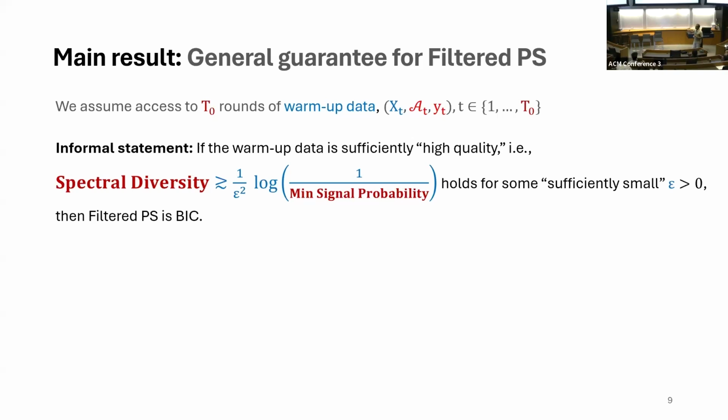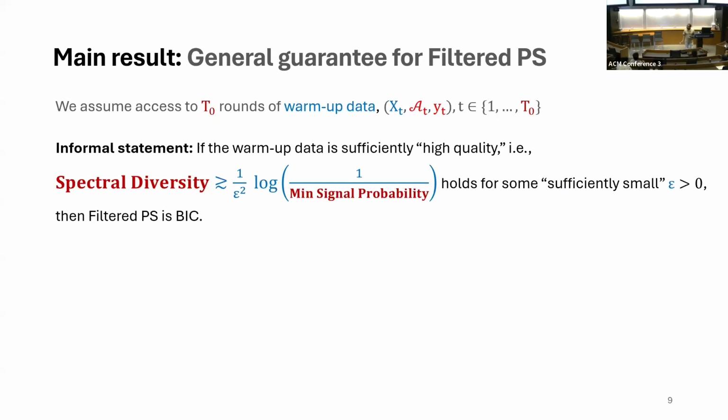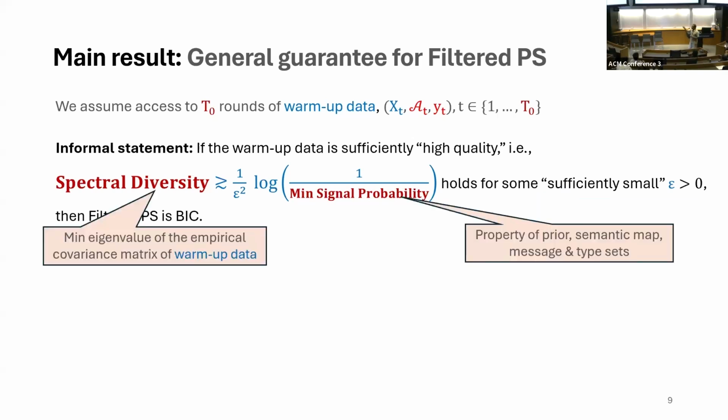Now, what are these objects here? First of all, the sufficiently small depends on the prior beliefs that the agents have and some aspects of the problem geometry. The spectral diversity is a non-traditional term which we define specifically for this problem, as the smallest eigenvalue of the empirical covariance matrix generated using the warm-up data.